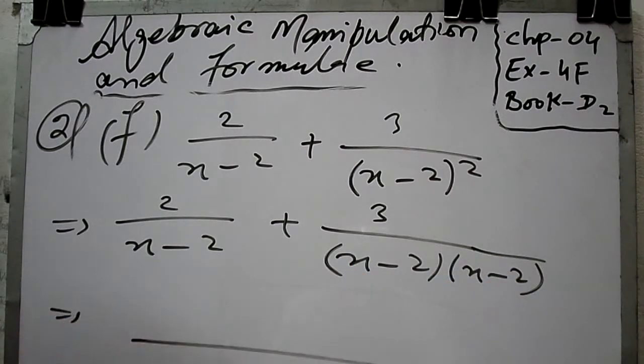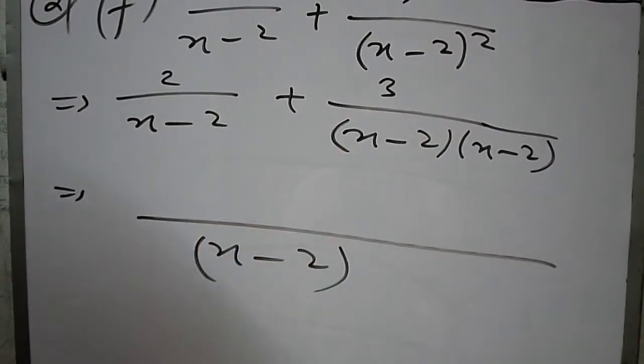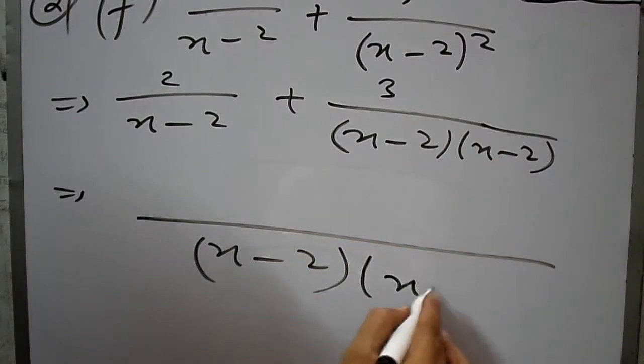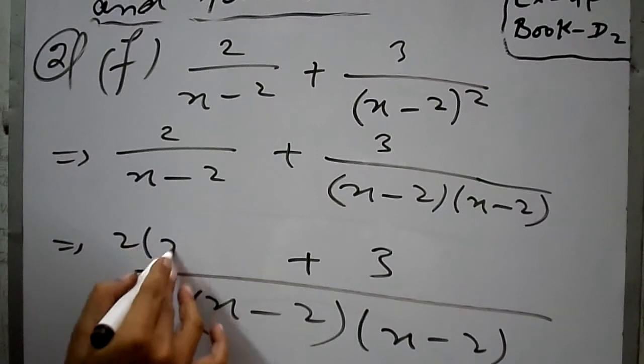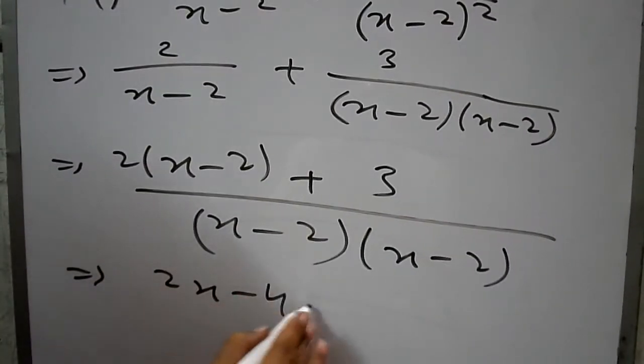So taking LCM, product of common, that is your common, and into product of non-common, that is once again x minus 2. So it will be cancelled, you will get 3.